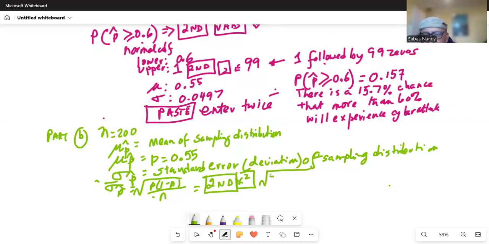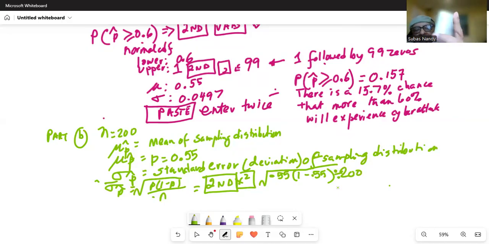Inside the square root, p is still 0.55, parenthesis 1 minus 0.55, divided by a sample size of 200, instead of 100. Let's see how that affects the standard error, or the standard deviation of the sampling distribution.